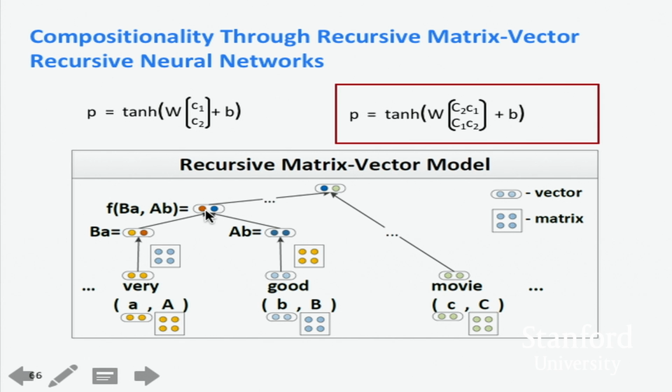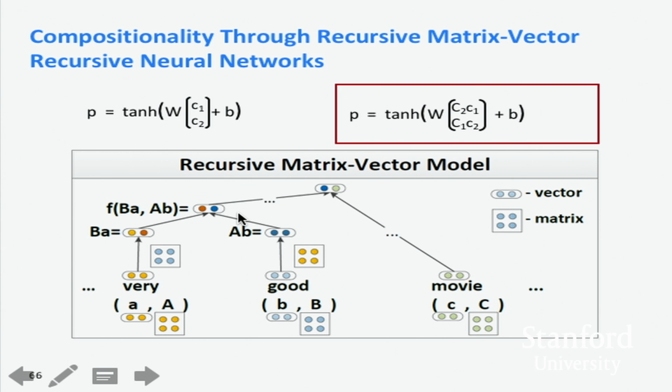That looks hopeful, but we want to keep building this up into a representation of whole phrases, and we want to be able to build very good movie. At that point, we conceptually want to use the word vector for movie, and say this is another operator, and we'd like to multiply very good by movie. So we're going to have to also have a matrix coming out for very good.